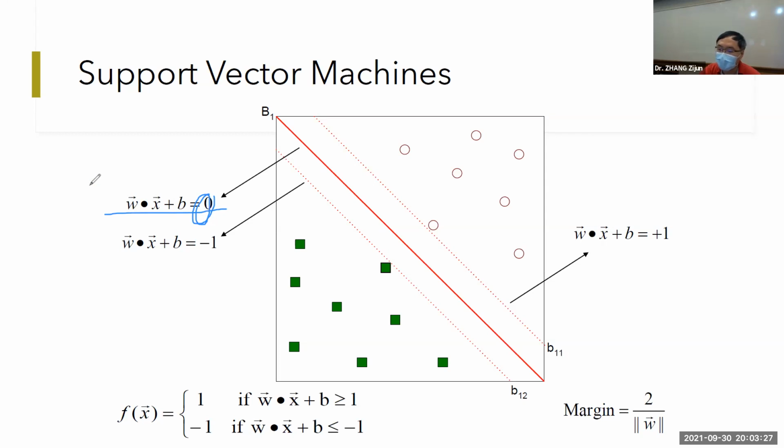Then, based on this center line, we set two boundaries. Any data points beyond this boundary, W multiplied by X, the slope multiplied by X, plus the bias, will be larger than or equal to 1. And any data points of the other class, lower than this boundary, will be less than or equal to -1.